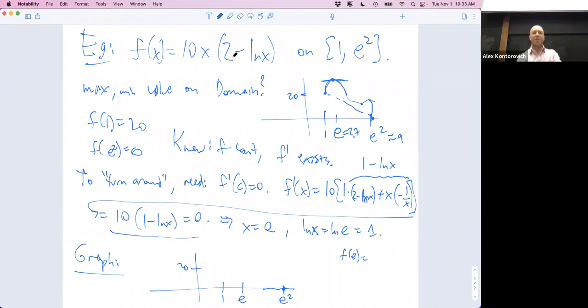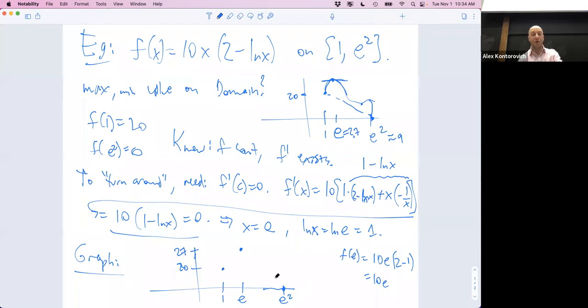So I have 10 times e times 2 minus, what is the natural log of e? 1. So 2 minus 1. Oh, that's nice. So this is just 10e. 10e, e is 2.7, so 10e is like 27-ish. Okay, so here's 10e.